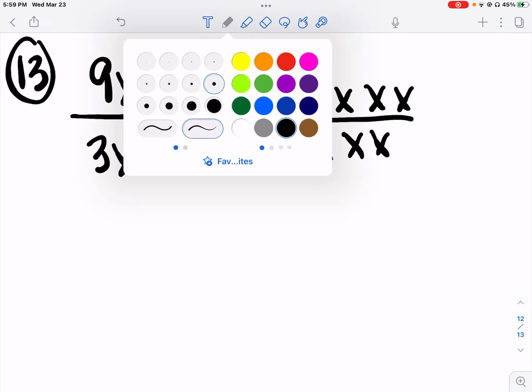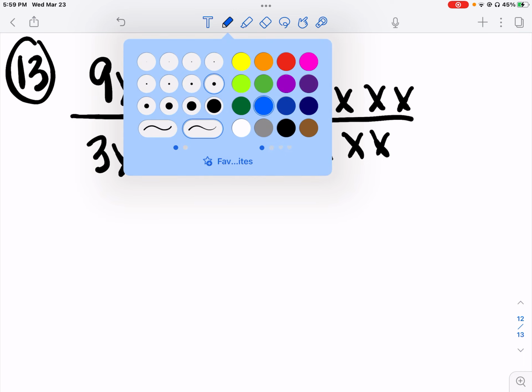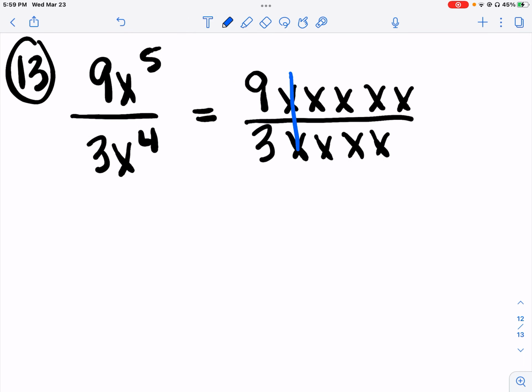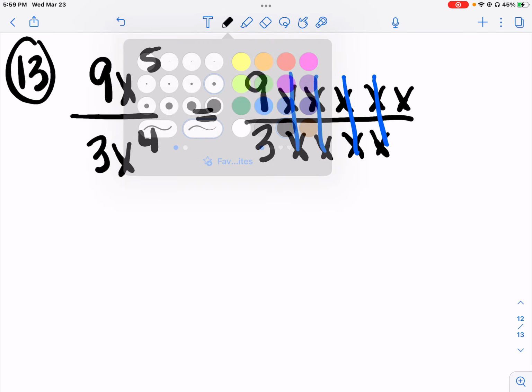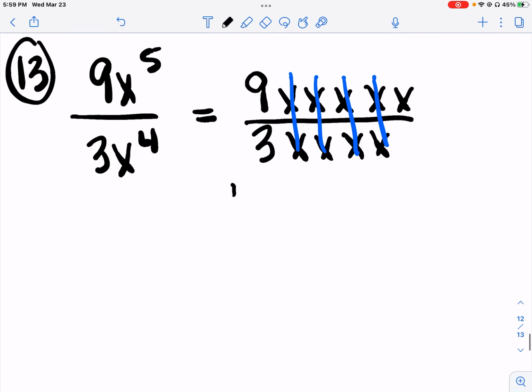Okay, some of these can divide out. So divide out. 9 divided by 3 is 3. And there's 1x left on top.